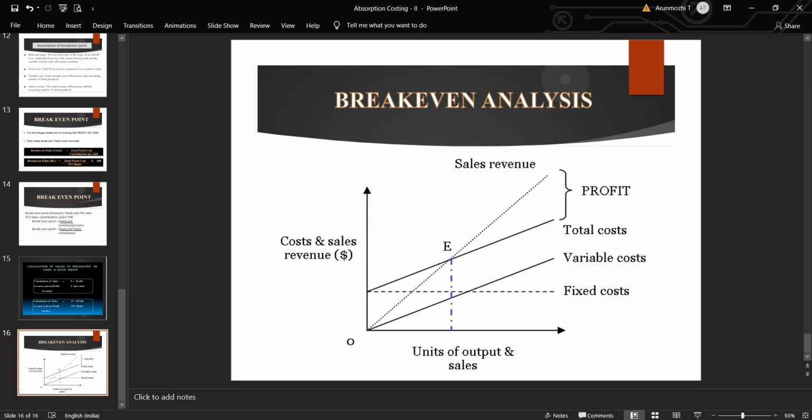The portion of loss is shown by the lower sales line and the upper total cost line. If the business produces more units than the break-even level, profit shall result and it shall be higher and higher as the production or sales increases. This is indicated by the upper sales line and the lower total cost line.